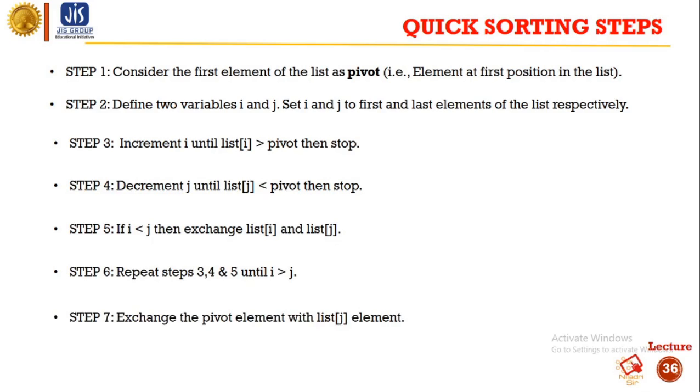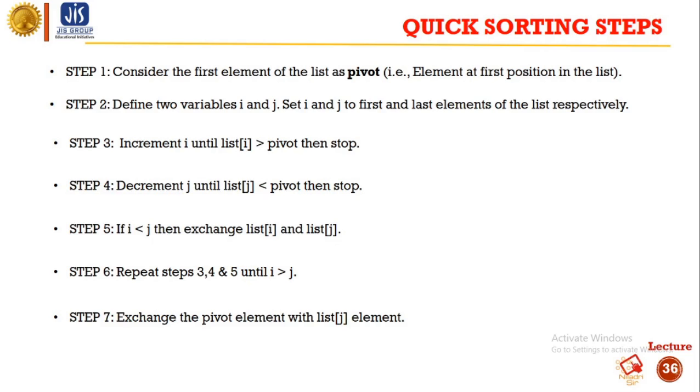Then we will exchange the pivot element with the list[j] element. To recap, in step 1, we will consider the first element of the list as pivot. In the second step, we define two variables i and j, and set them to the first and last elements of the list respectively. Next, we increment i until list[i] is greater than pivot, and then we stop.